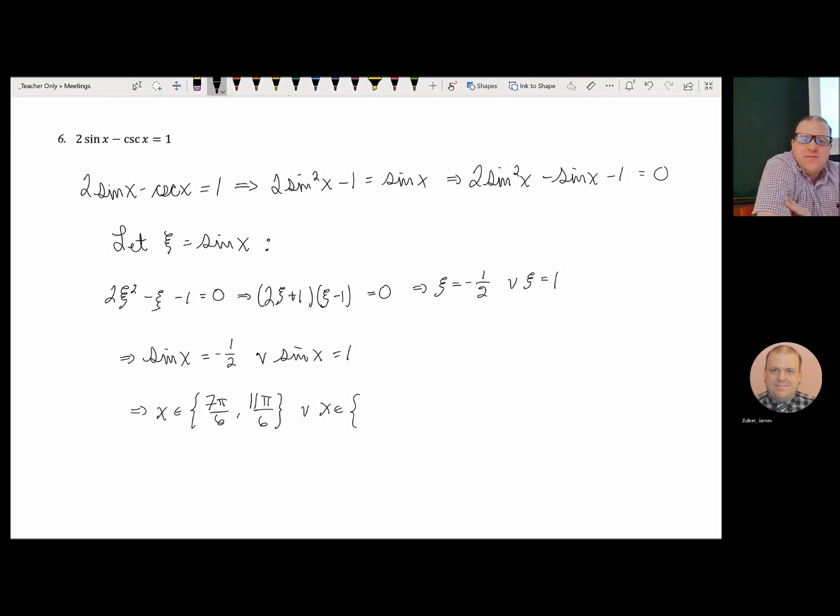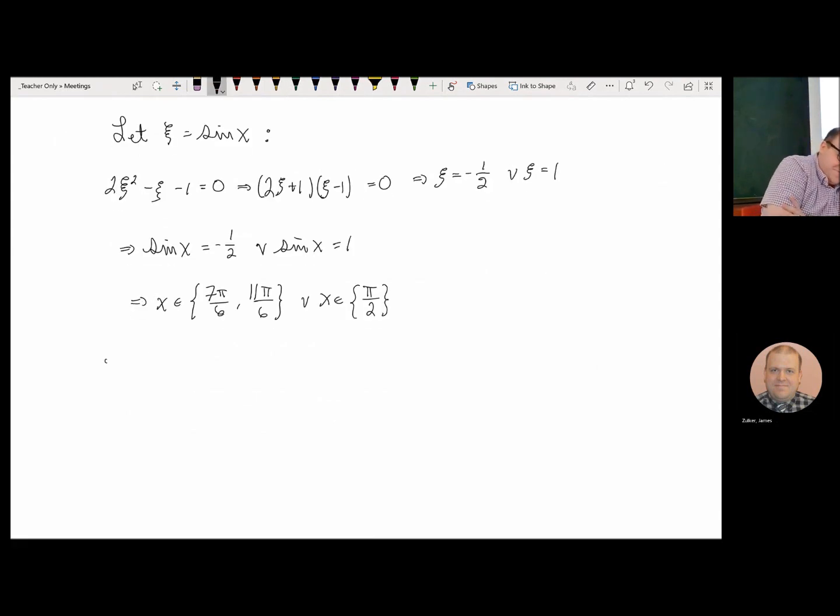This one everyone should know. Did I mix it up again? Wait a minute. Oh, 1. How did I get them backwards? Pi over 2, 3 pi over 2. No, it can't be, it's just pi over 2. Our solution set: pi over 2, 7 pi over 6, and 11 pi over 6.